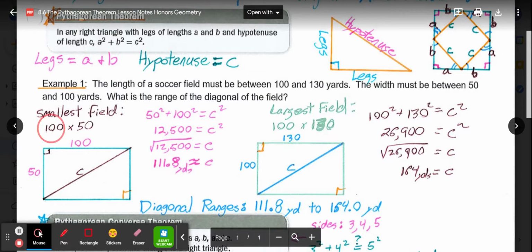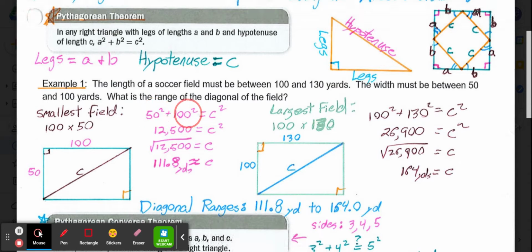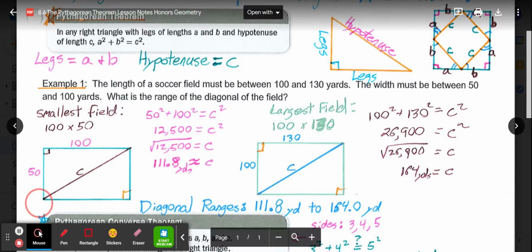So the smallest field is a 100 by 50 rectangle. In that case, our legs, if we draw the diagonal in there, would be 50 and 100 for our right triangle. So using the Pythagorean theorem, 50 squared plus 100 squared would equal c squared, the measure of that diagonal.